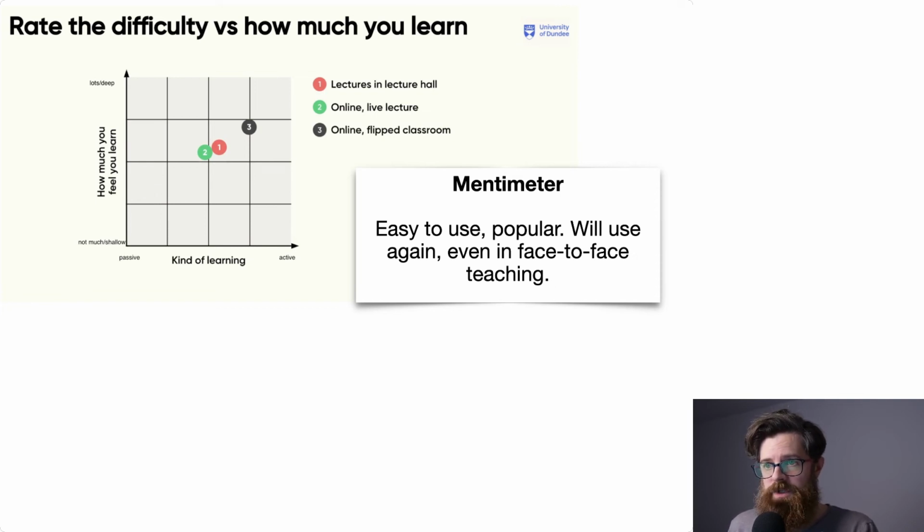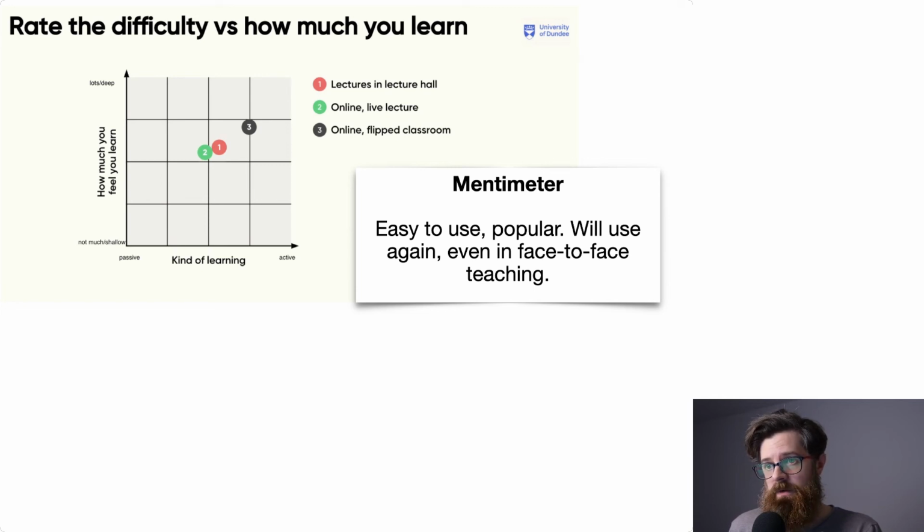And the students on their mobile phone or perhaps in another browser window would go to menti.com and they would type in a very short code, and that takes them to my slide deck. And so they're able to see the questions and to vote on them. And I thought and they thought that this was really great.